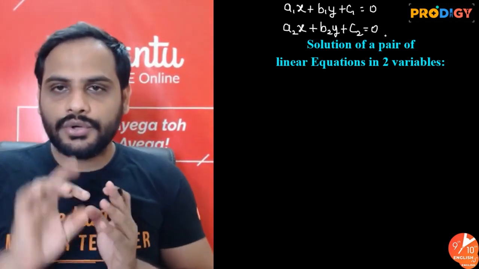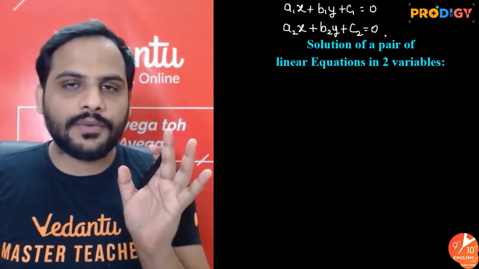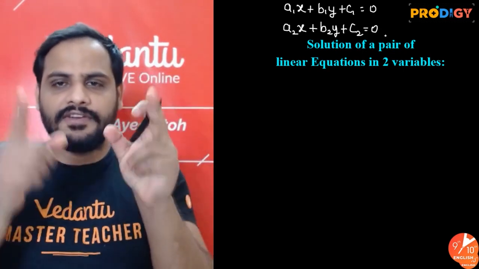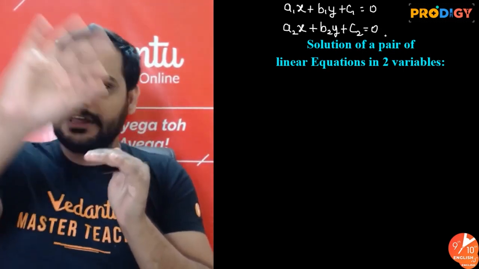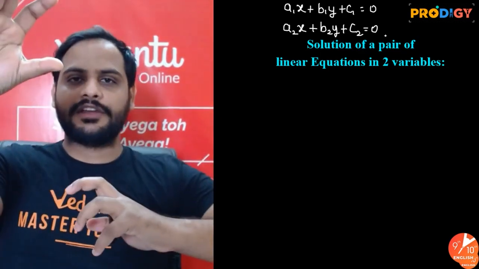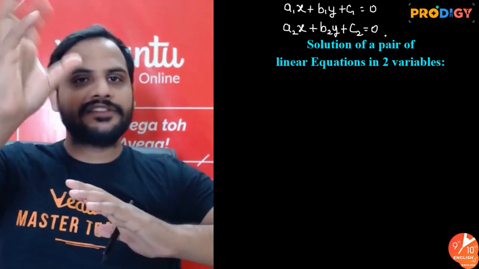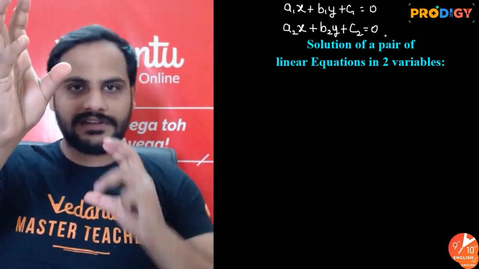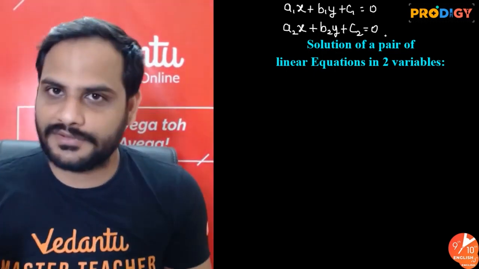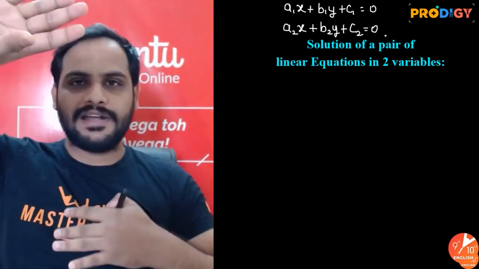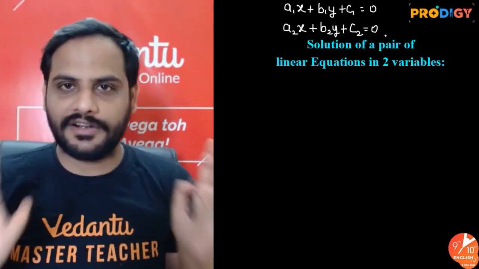And I know for both these equations, if I treat them as separate equations instead of a pair, I can find infinite solutions for the first equation and infinite solutions for the second equation. Both equations separately have infinite solutions, we already know it.